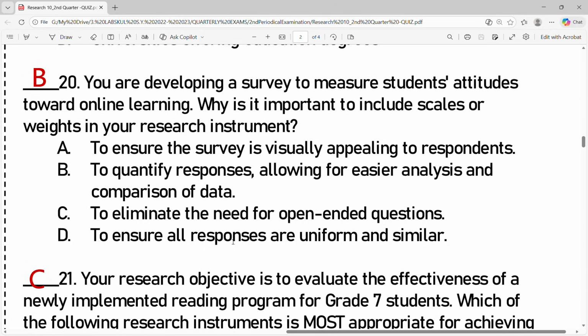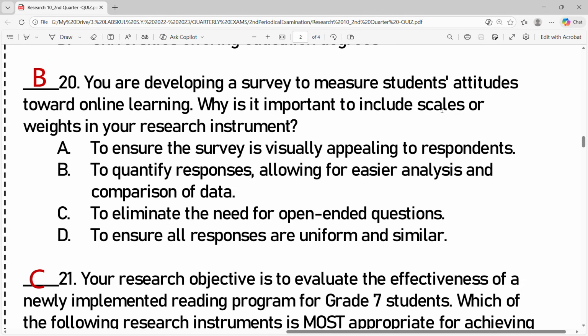Number 20, you are developing a survey to measure students' attitude towards online learning. Why is it important to include scales or weights in your research instrument? So, di ba la, ginpakita ko sa inyo when using the video lesson that I have created for the topic research instrument. I have shown you varied types of research instrument or research tool, and I also showed to you how those research instruments differ from each other.